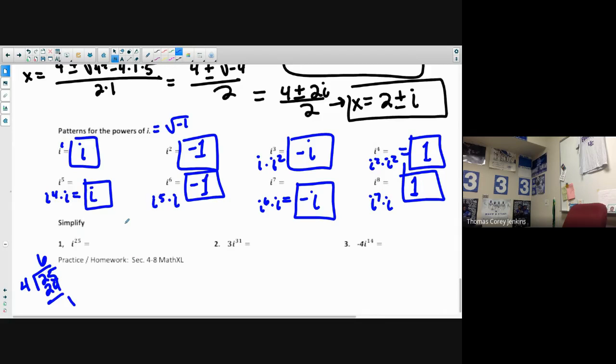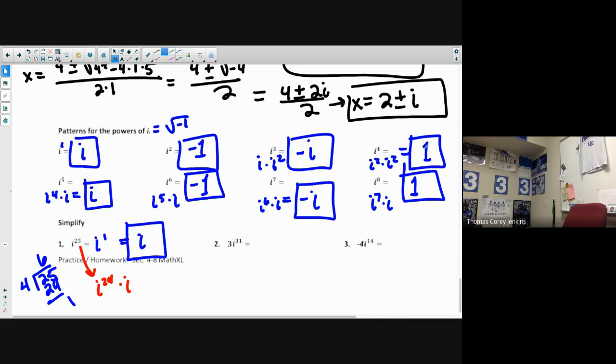Okay, maybe I know that explanation doesn't make sense to everybody. So here's another way you could think of it, right? You could rewrite this as i to the 24th times i, right? So i to the 24th, that's the closest multiple of 4, would be equal to the same thing as i to the 4, right?